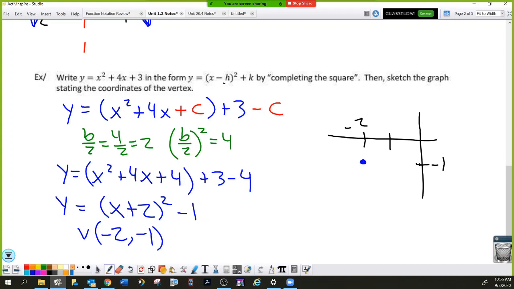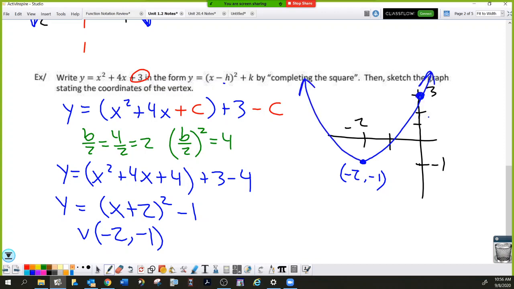I know the parabola points up because the front number is positive. What would make this easy is knowing what I'd get if I plugged in x equals 0. When you plug in x equals 0 to standard form, the back number is always your y-intercept. So positive 3. Like that. And that'll be good enough.